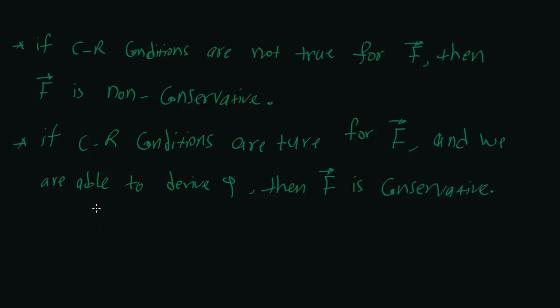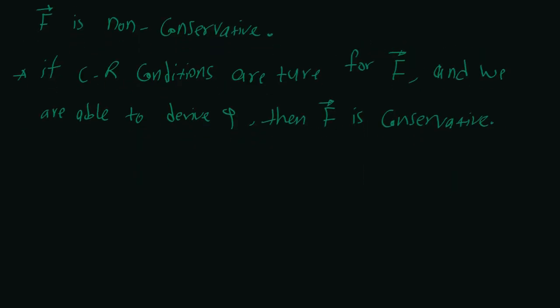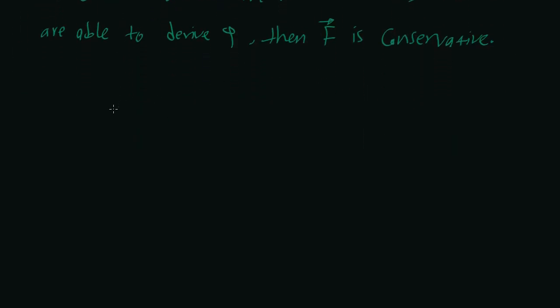So this is basically what we do when we are given a force to determine if it is conservative or not. So we solved two examples just by solving the work on different paths, but we will see how easy it is to just use these Cauchy-Riemann conditions.